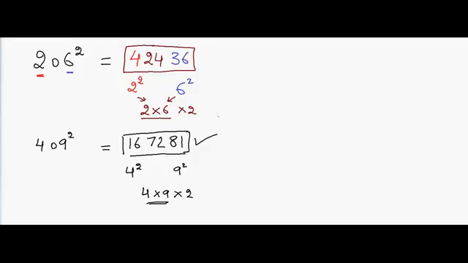Now if we have something bigger, I will give you an example of a carryover. Suppose I have 825 and I want to do a square of this number. So this will be a little different, but the approach is the same. 8 square is 64, and then 25 square is 625, right?